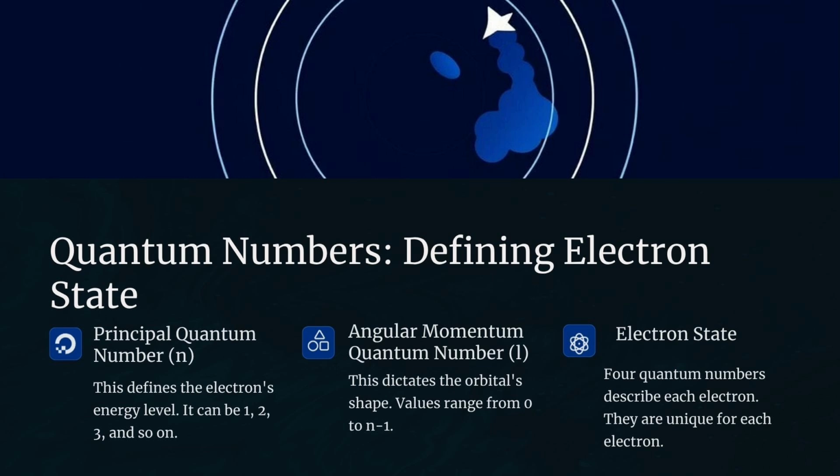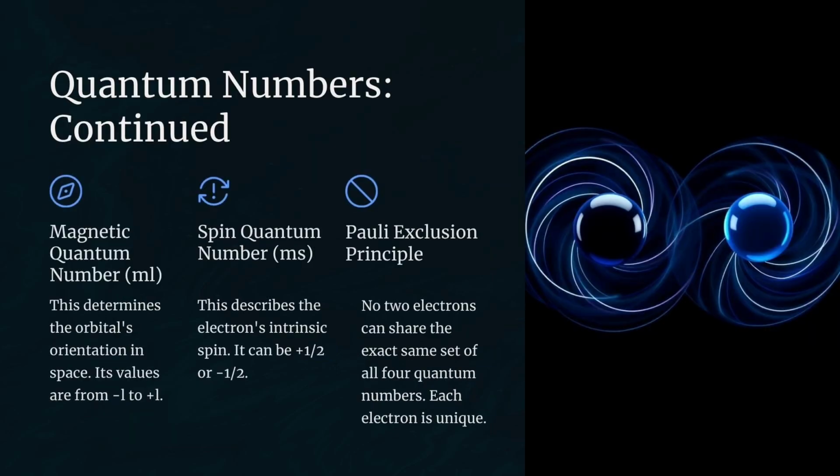The remaining two, the magnetic quantum number, m_l, and the spin quantum number, m_s, specify the orbital orientation and electron spin, which we can discuss later. So, quantum numbers provide a precise way to describe the state of an electron within an atom, moving beyond the limitations of classical models. They are essential for understanding atomic structure and chemical bonding.